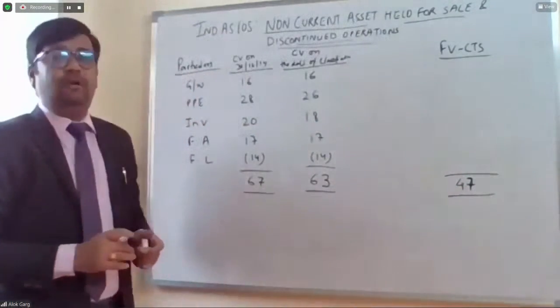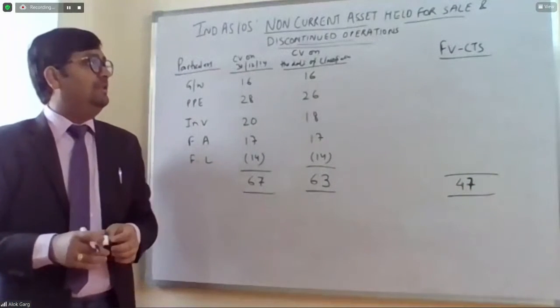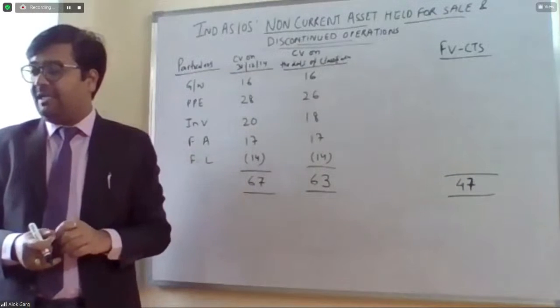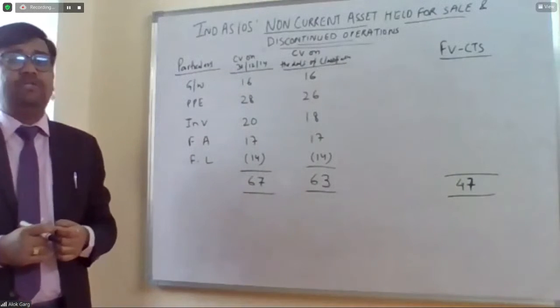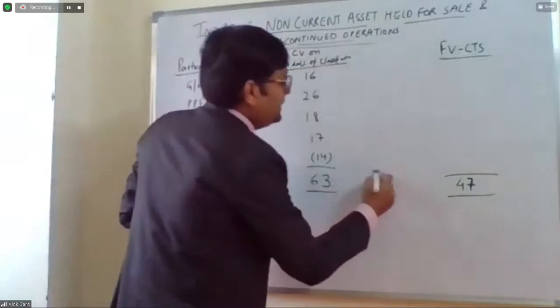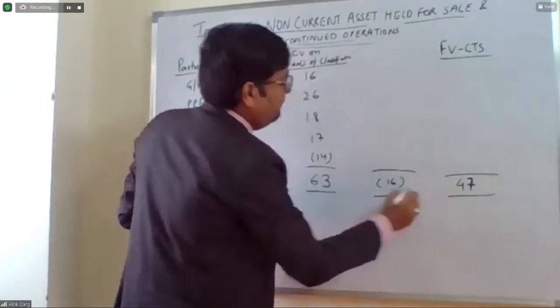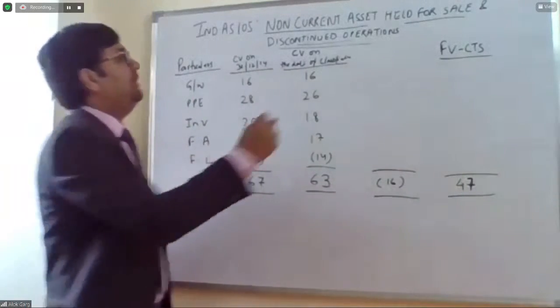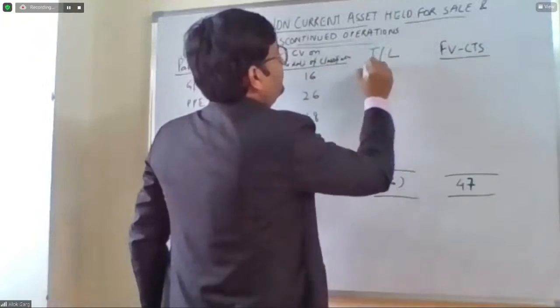So how much impairment loss will be charged on this reclassification into held for sale? Ambika, how much impairment loss will be charged? It is 16 million. 16 million impairment loss is required to be charged, and this 16 million has to be allocated.